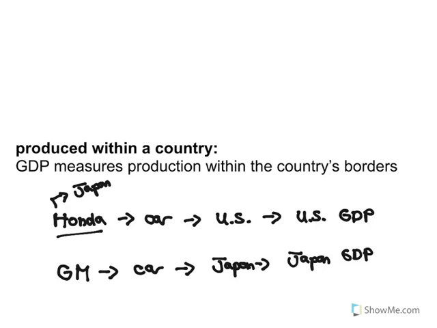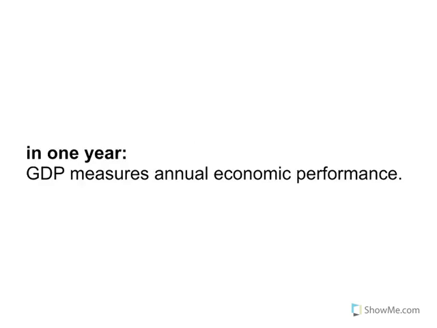gets added to GDP. And then finally, GDP is measured in terms of annual economic performance. So we measure it in 1 year, and then we compare year to year to see if there's growth or decline in economic total output. So GDP is the total value, measured in dollars, of all final goods and services, so all finished products, produced within a country's borders, so anything produced inside the country, doesn't matter who's producing it, in 1 year, looking at annual performance.